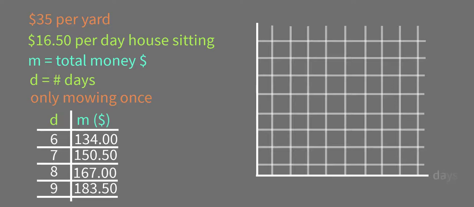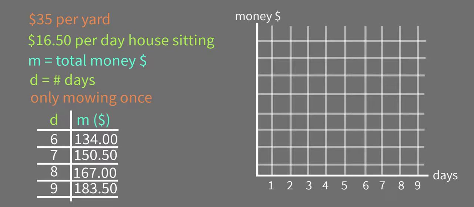And then we'll go ahead and label our axes, and we will provide a scale where days we're going from 6 to 9 at least. So it's perfectly fine. We'll go ahead and make this 1. So there's 1, 2, 3, 4, so on and so forth. And then with money, we need to recognize that we're looking at this section right here, 6, 7, 8, 9.